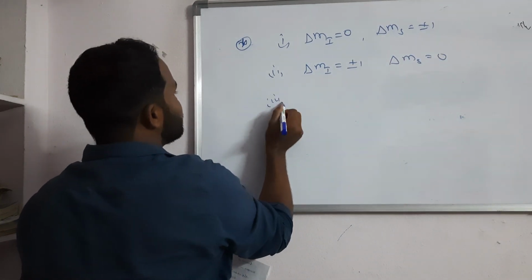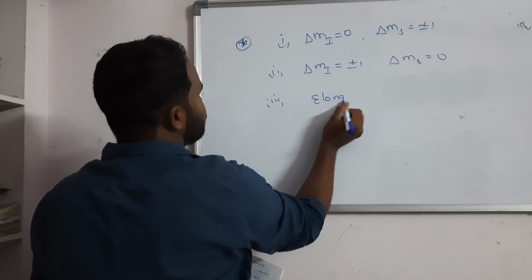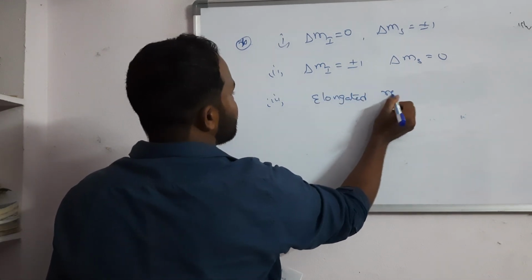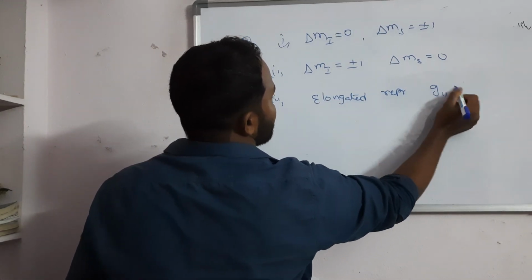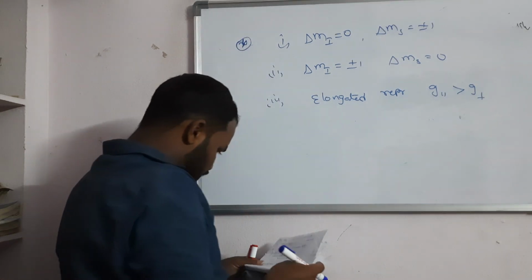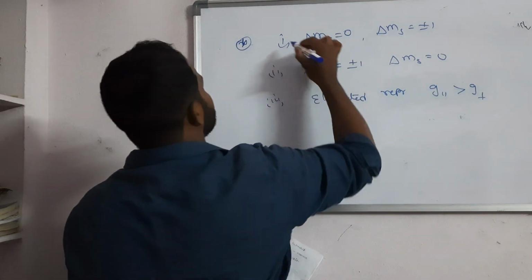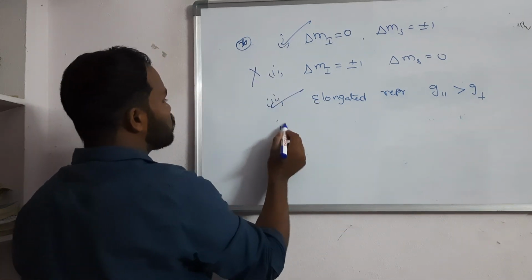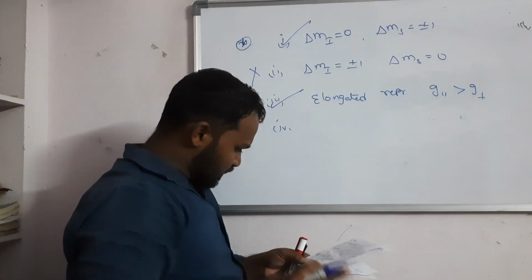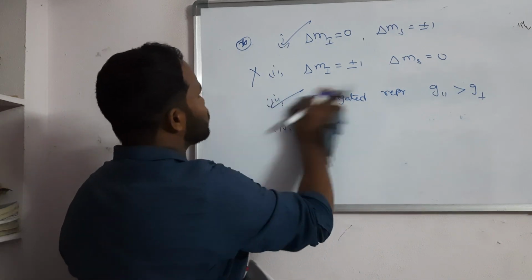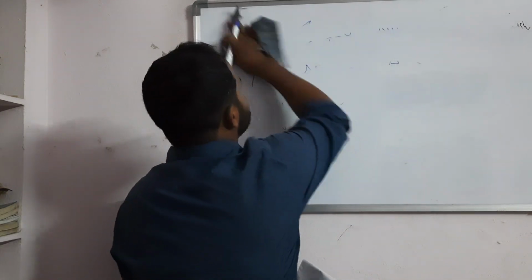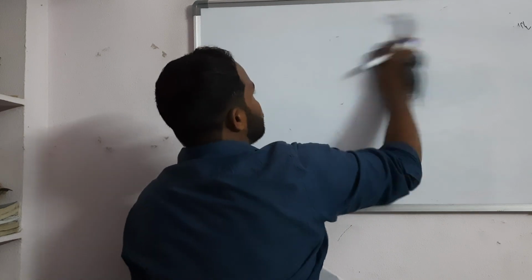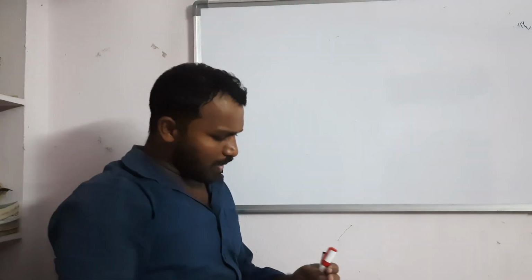Third statement: elongated represents g parallel greater than g perpendicular. The fourth one I don't know exactly, but this option is correct, this option is also correct, this is the wrong option. So you can get the questions from that. All this is about part C questions.